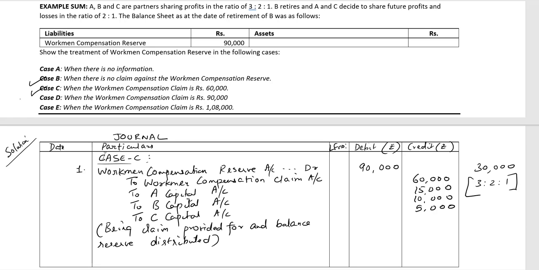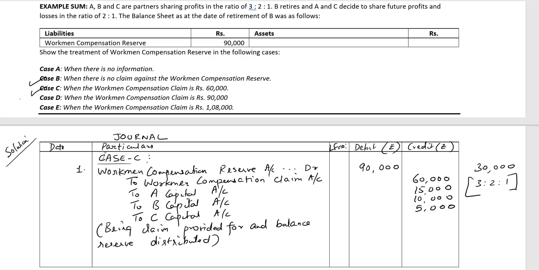As per this case, in the reconstituted balance sheet, the workman compensation reserve will not appear. However, the workman compensation claim will appear at 60,000 rupees. So this is the answer to the case C.